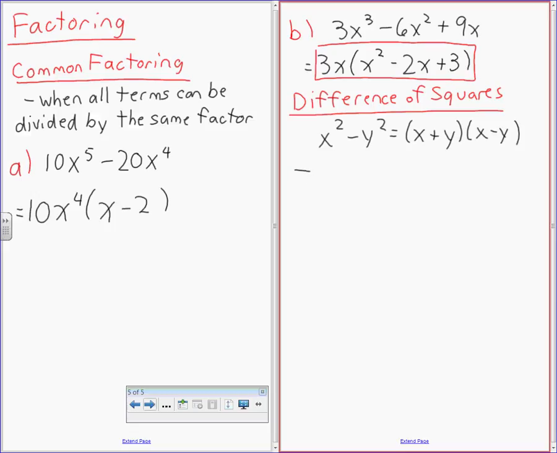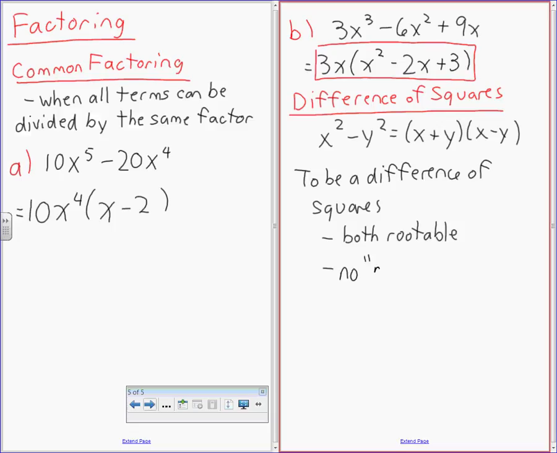To be a difference of squares, there are three things. Number one, both terms are square rootable. Number two, there is no middle term. And number three, the last term is negative.